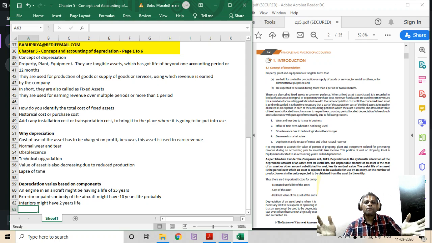Right? The entire aircraft need not be charged for 25 years because the engine of the aircraft has a life of 25 years.